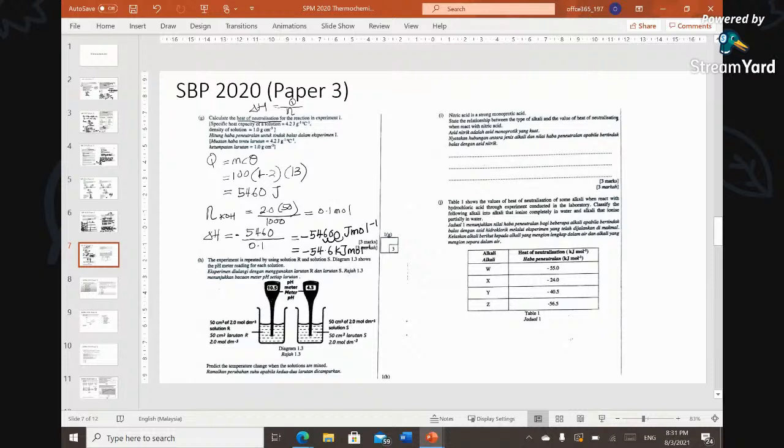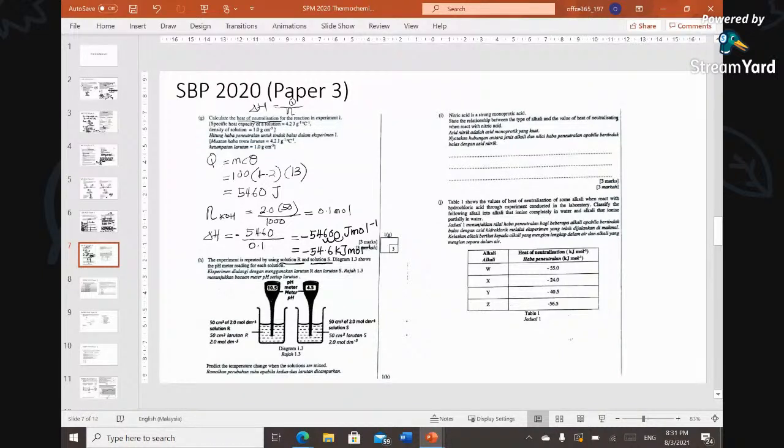So moving on to the next question, question H. They ask you to predict. The experiment is repeated using solution R and solution S. Diagram 1.3 shows the pH meter reading for each solution: 10.5 and 4.5.